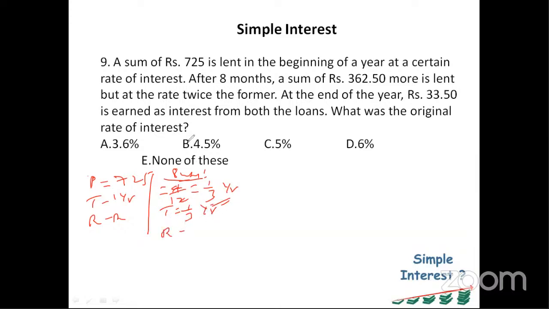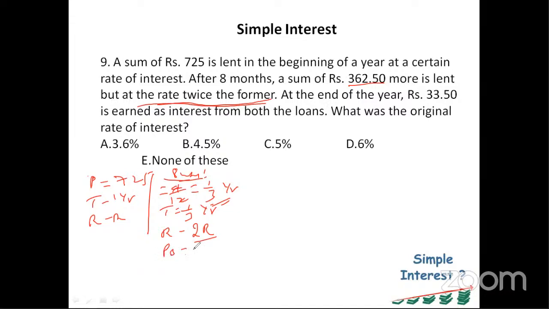What is the rate of interest? It becomes twice the former rate. So R will become 2R here. Okay, R will become 2R. And then it says a sum of 362.5 more, which means initially this money was there. Then after 8 months, they added this extra.